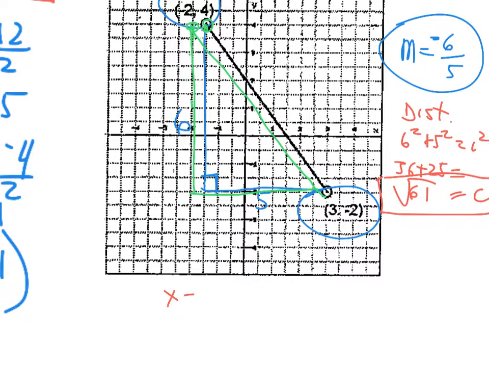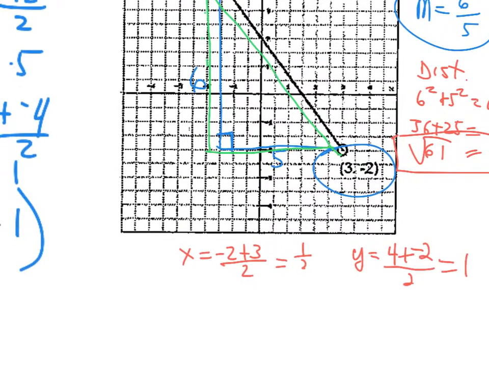The average x value is negative 2 plus 3 divided by 2, which is 1/2. The y value is the average of 4 and negative 2, so 4 plus negative 2 divided by 2, which is 1. So the midpoint is at coordinates (1/2, 1).